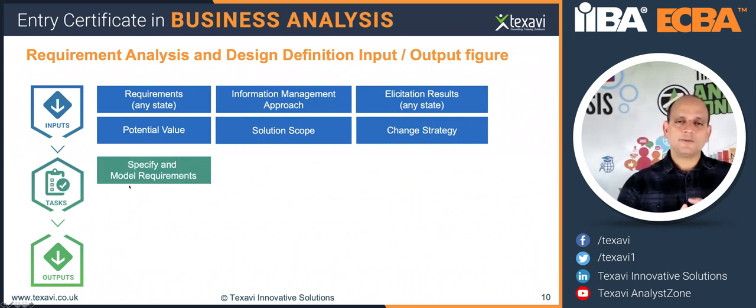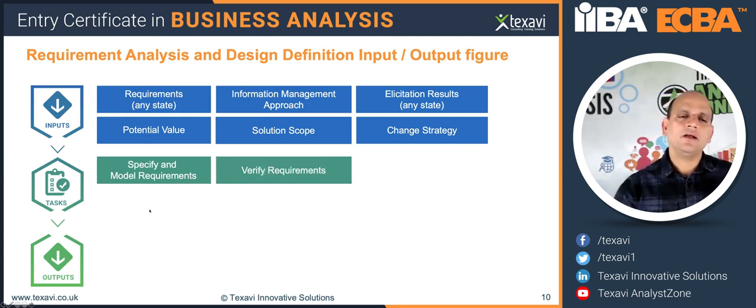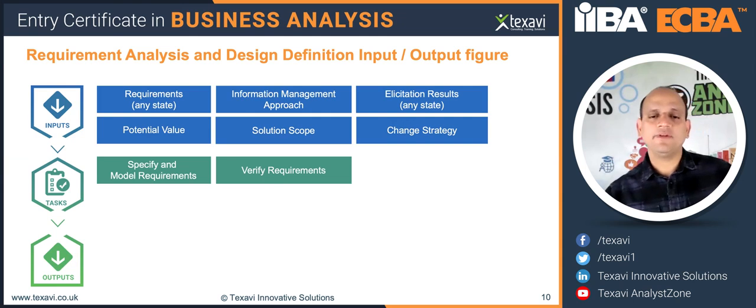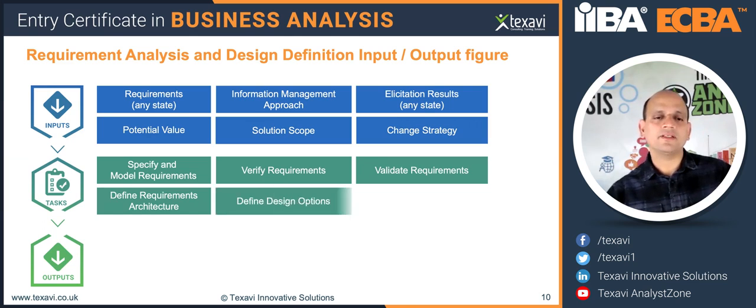So we would need to specify and we would need to model the requirements. Specification is basically detailing the requirements, and modeling is about creating a form, a kind of prototype of those requirements, a semi-solution basically. It's not the exact solution, but we're getting there. We need to verify the requirements, we need to validate the requirements, and then we need to define the overall architecture for the requirements, then define the design options, and then finally analyze the potential value and recommend.